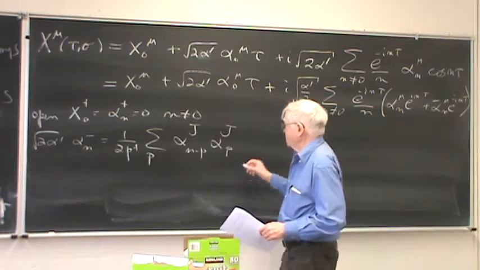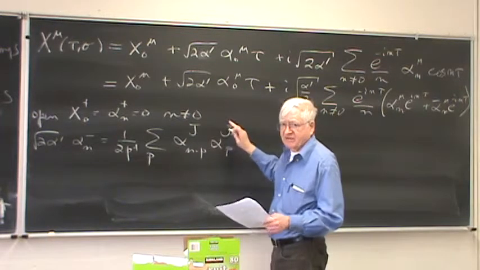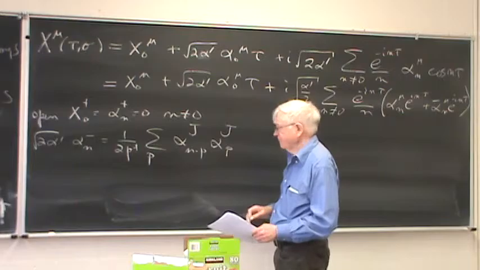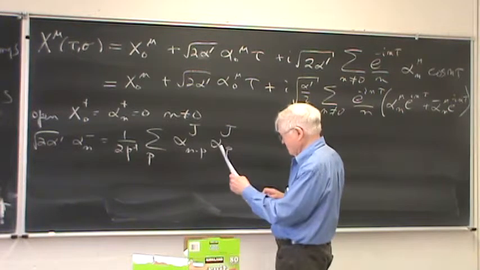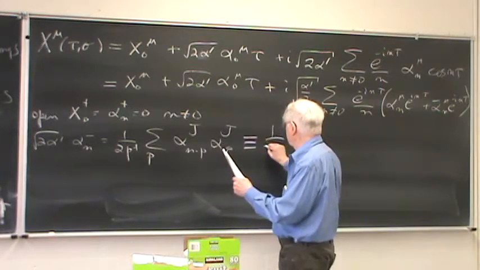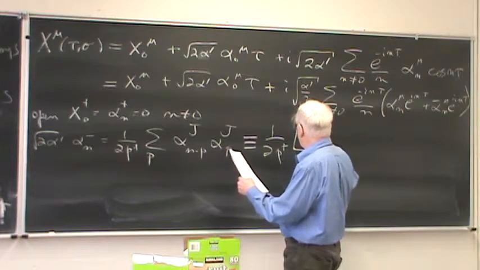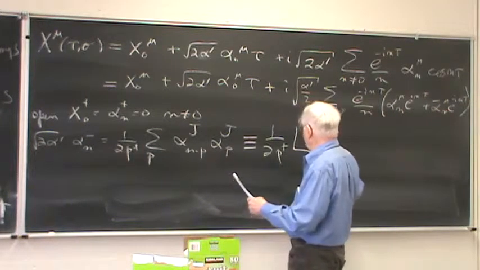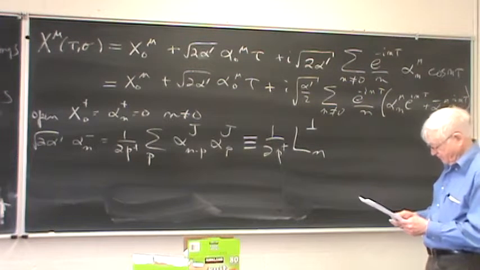So over all integers, j labels the transverse coordinates now. So we have x0, x1, and then the others, the other 24. And this thing is defined to be 1 over 2 p plus L perp n. And this thing is called a Virasoro mode.